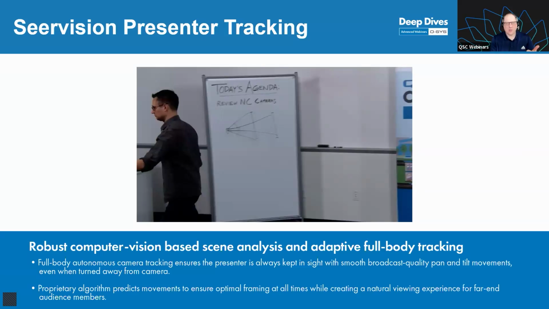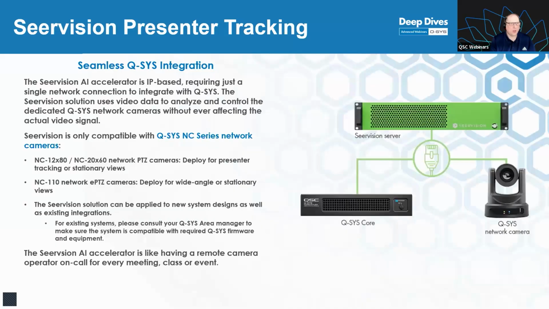Again, we're not retaining biometrics, we're not doing facial recognition. We're just using math to determine that this is a human being, assigning Nate a number and saying, we're going to track this person. All of that is done based on that same basic concept of core, camera, microphone, but now we're adding in a Sear Vision AI accelerator, Sear Vision server.